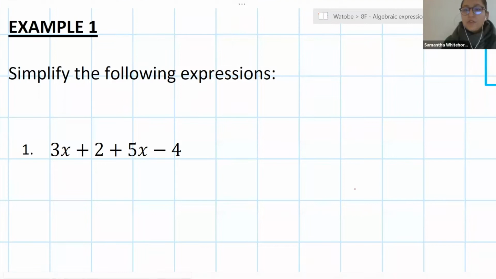So if you are feeling brave, you can raise your hand or you can pop it in the chat. Does anyone remember what separates terms in an expression?